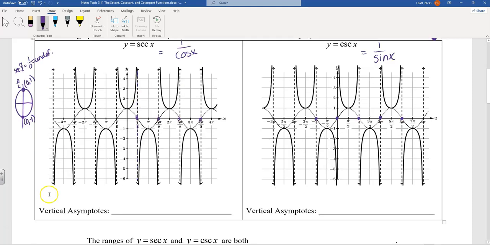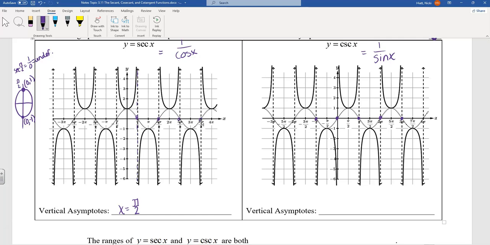For your vertical asymptotes for secant, the first place where cosine equals 0 is at pi over 2, if we're thinking about the unit circle. But how often do these repeat? How far apart are they? It's every pi.